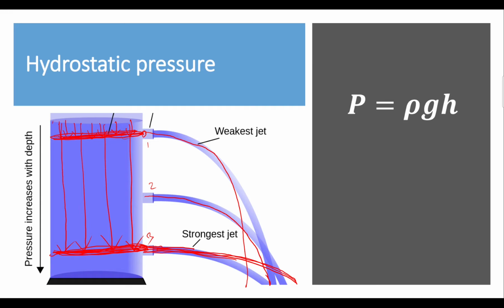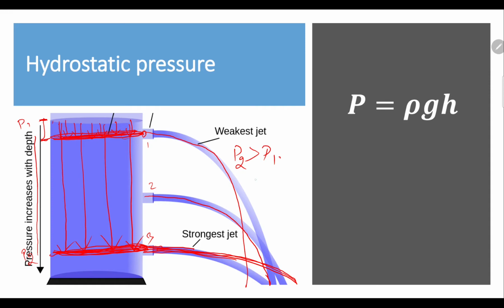So can we say that pressure increases with the depth from the top, the height from the top? So here the pressure P1 and the pressure P2, we can say P2 is greater than P1. The only difference is the height. The density of the liquid doesn't change, the gravity doesn't change, the only thing is the height.